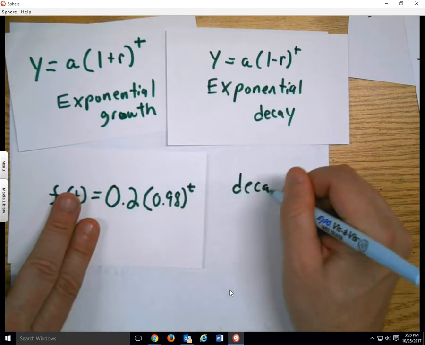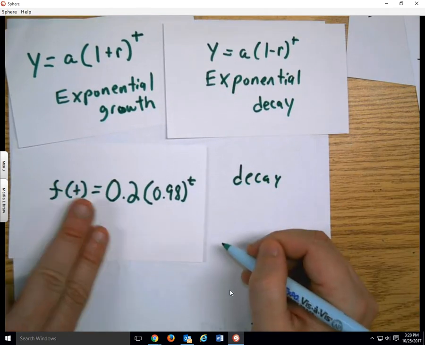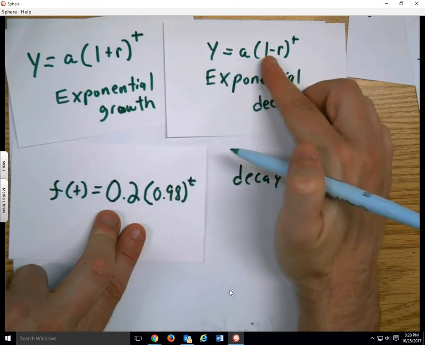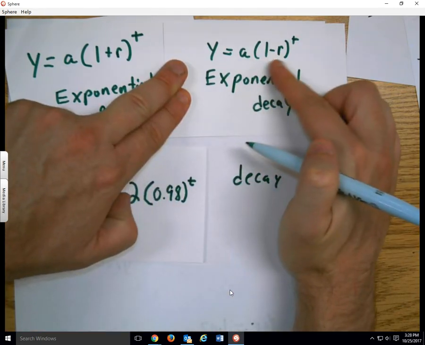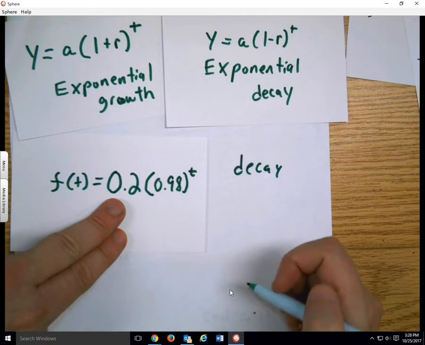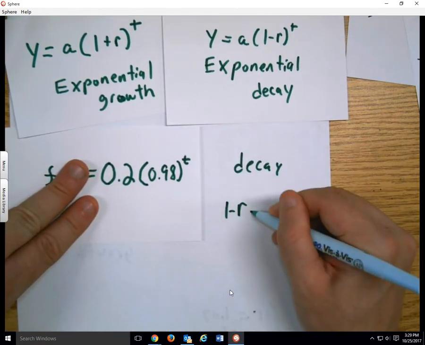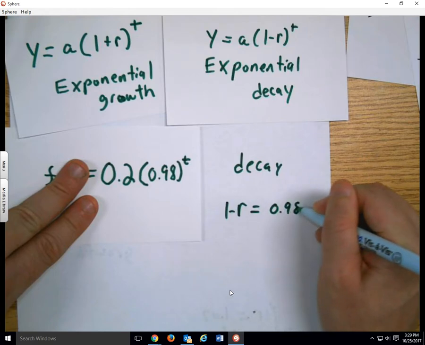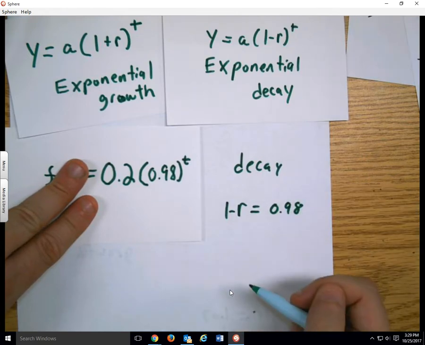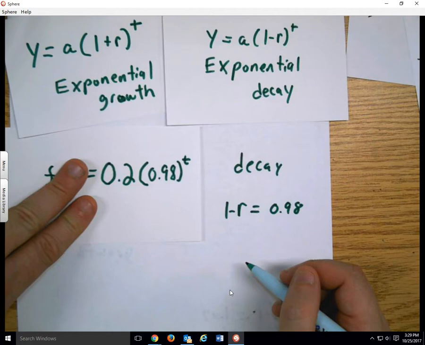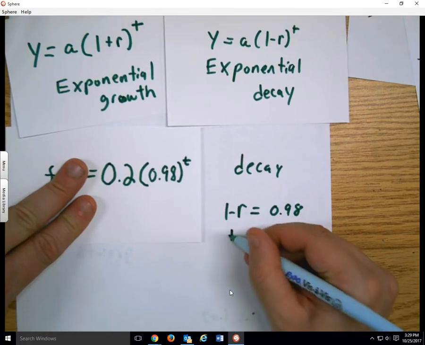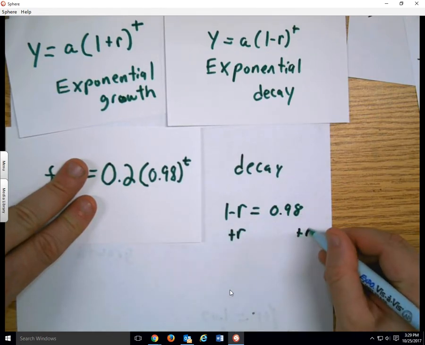In order to find out what it is, we just have to set it up algebraically. So we know 1 minus r, the decay rate, is going to equal this: 1 minus r equals 0.98. And how would we solve it algebraically? Well, we have to solve for r. There's a couple ways you could do it. Let's do it this way this time. I'll add an r to both sides.